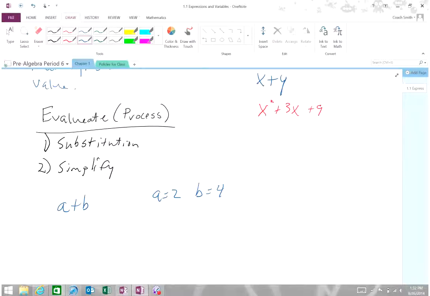Well, the first thing I have to do is plug in these values for those variables. So that means I have 2 plus 4. Okay, now what is 2 plus 4? 6. Okay, so here is substitution. Right here, that's substitution. And then go from here to here is to simplify.